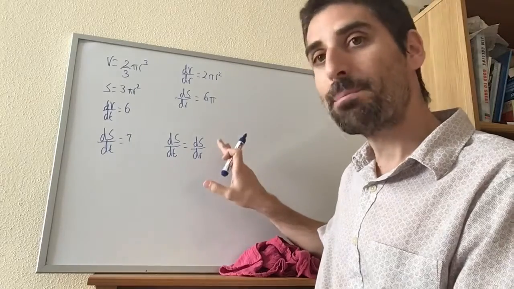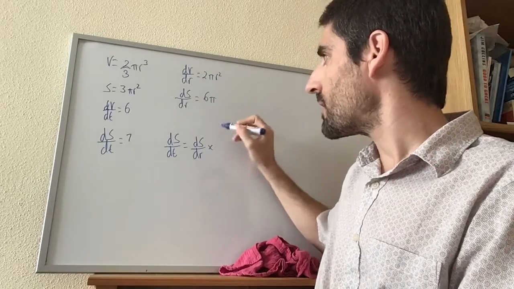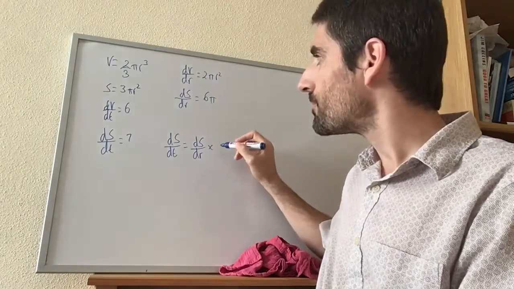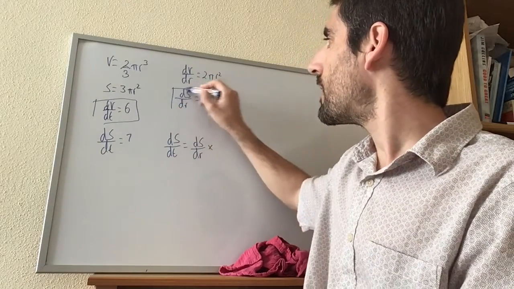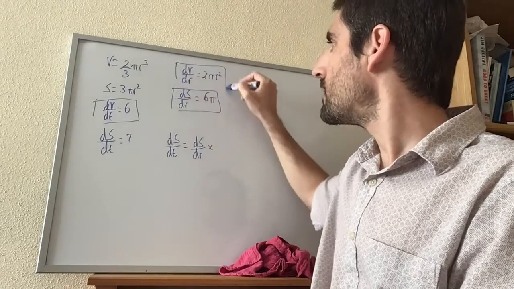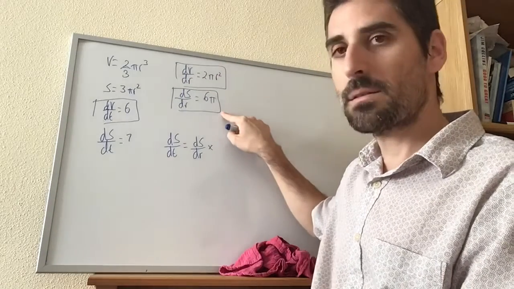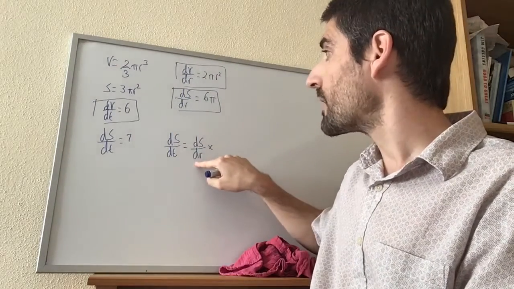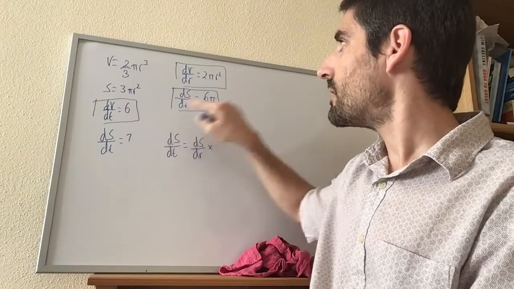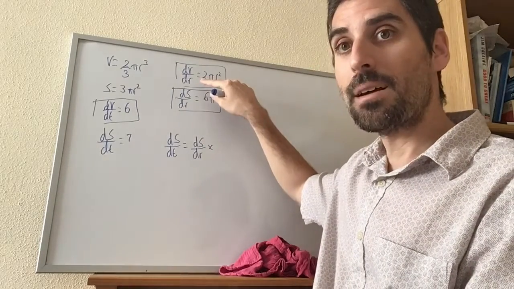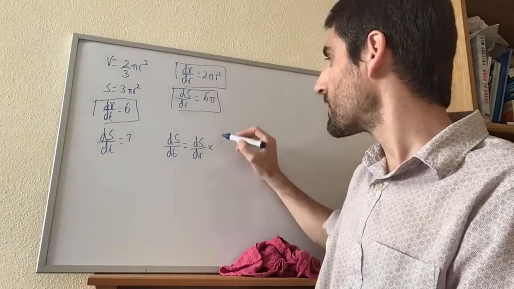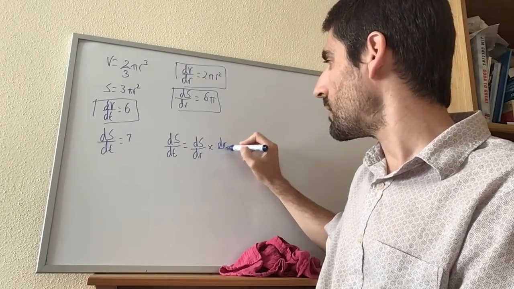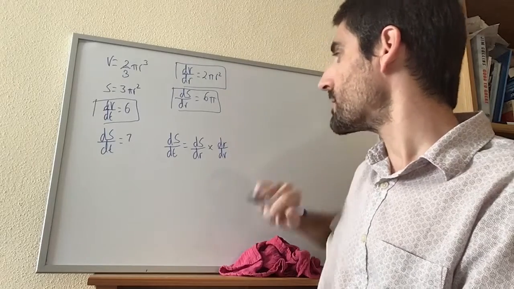I'm going to have to multiply it by something that has got dr at the top, which from here, there, and there, well, it's not going to be that because I've already used it here. It's not that because it doesn't have a dr, and here, dr is not in the numerator, but I can invert it. So I can do dr over dV, which would be the inverse of that.